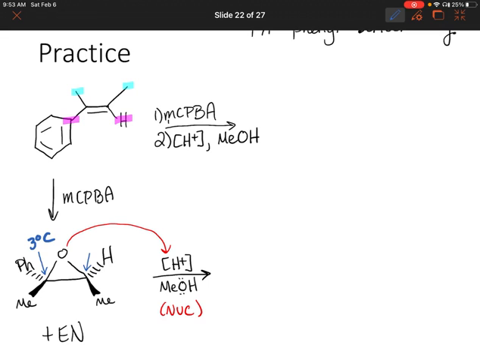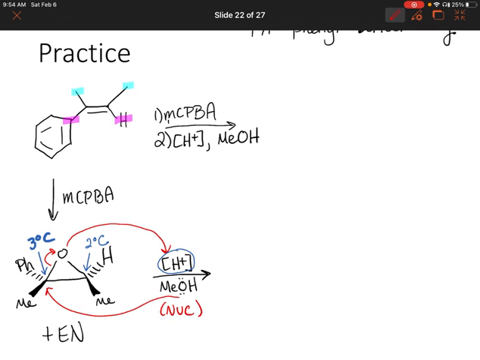It is secondary because that carbon is bonded to 2 other carbons. All right, so remember we are under acidic conditions and we have a tertiary carbon available. So our nucleophile will attack the tertiary carbon. So let's just draw that arrow coming in and then our ring will open up.